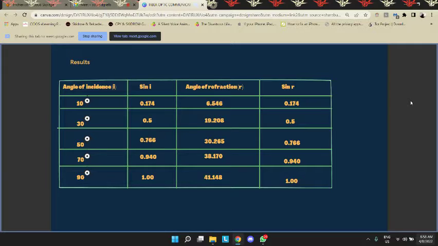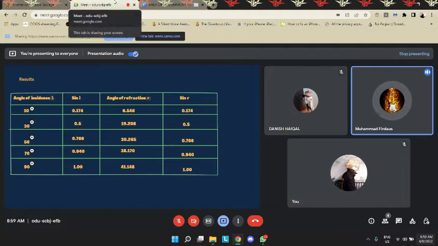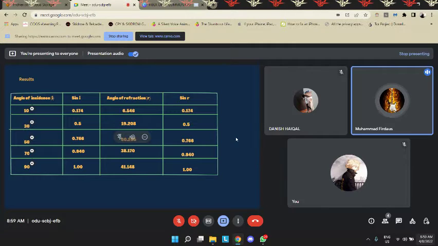For 70 degrees, sin i is 0.940. Angle of reflection 38.170 and sin r is 0.940. And lastly, for 90 degrees, sin i is 1.00. Angle of reflection is 41.148 and sin r is 1.00.